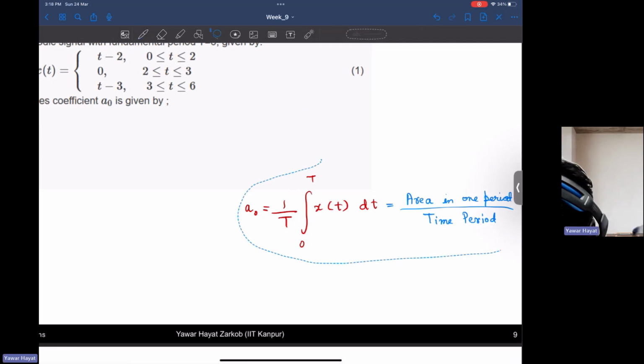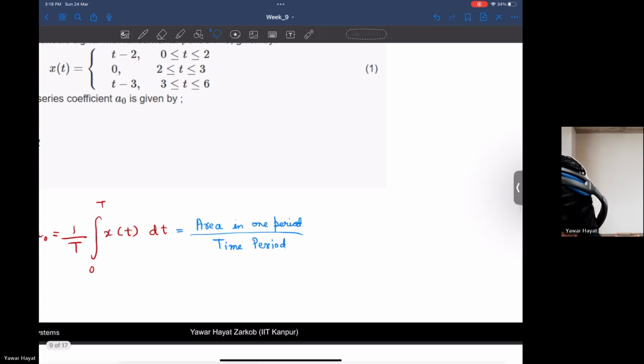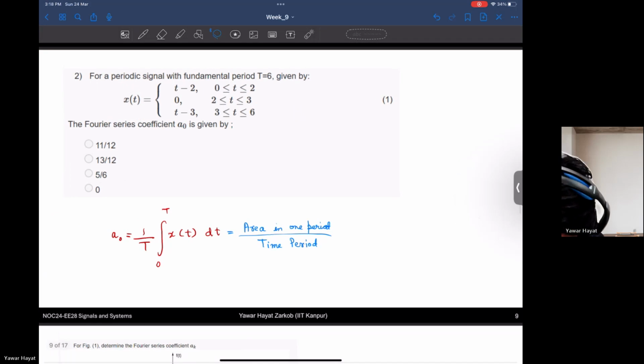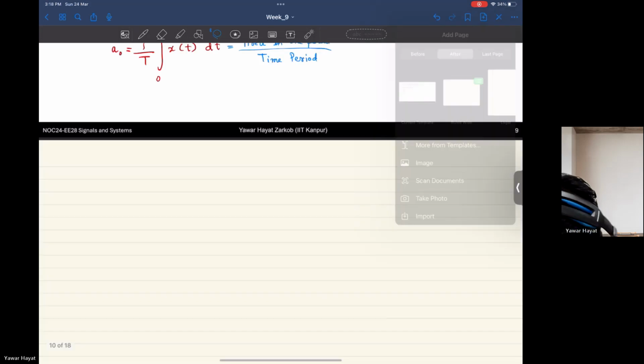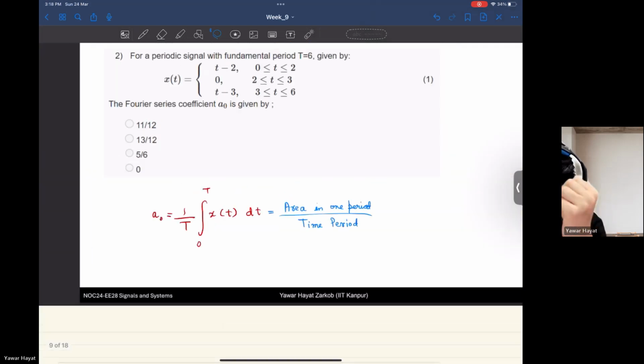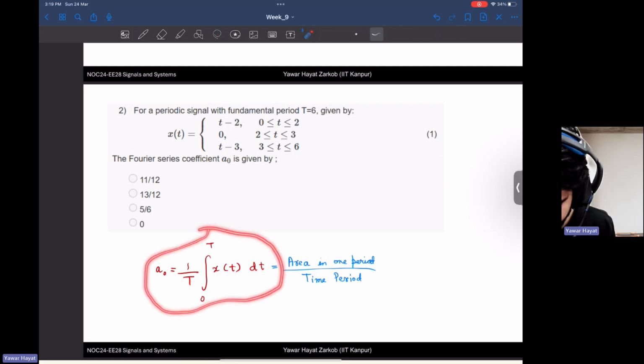Let's draw this signal example. One way would have been to compute it by definition mathematically.